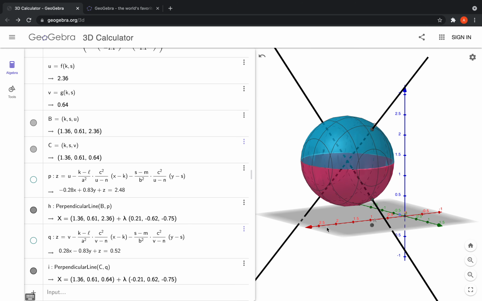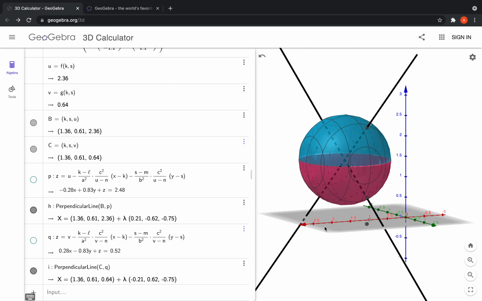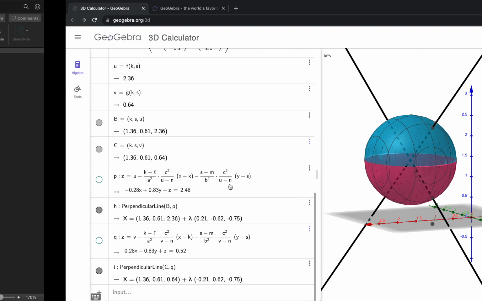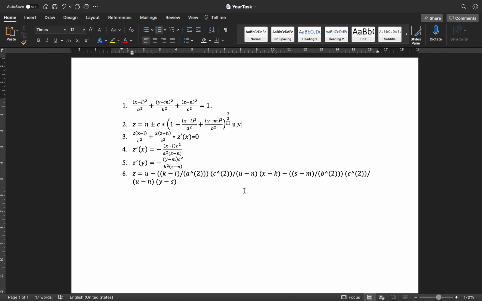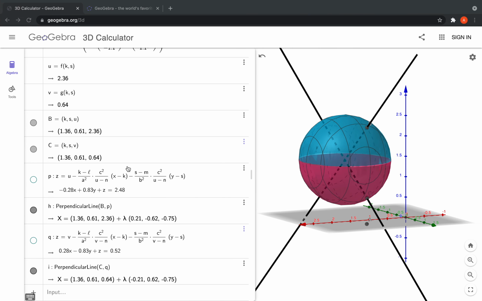What we did next, after we found our points, we have to find our tangent plane, and the formula of the tangent plane was this. So we just copy and paste it here. I just added it to GeoGebra, and here k and s are actually x0 and y0.